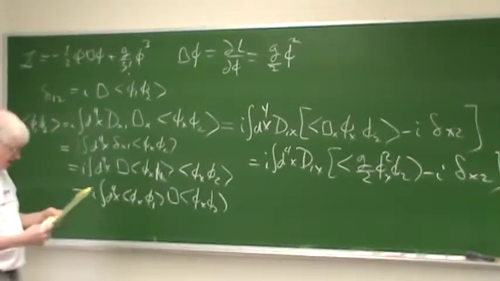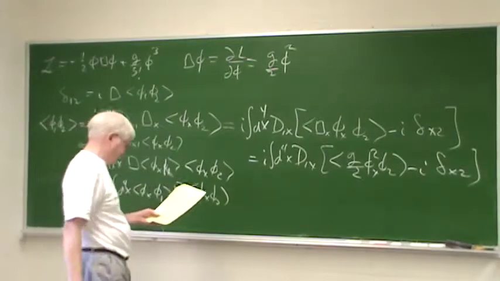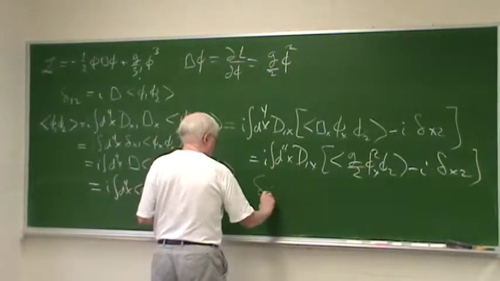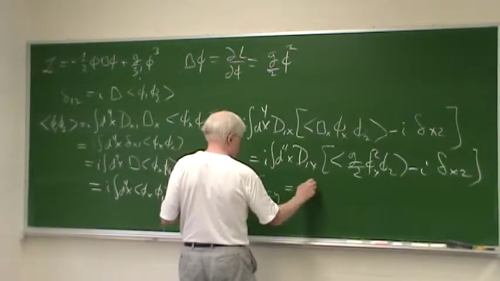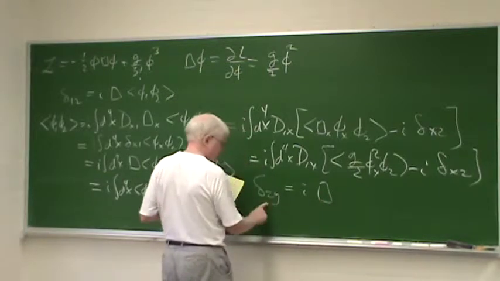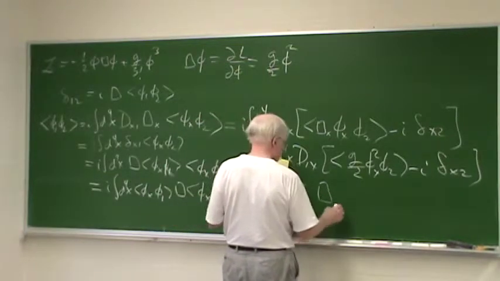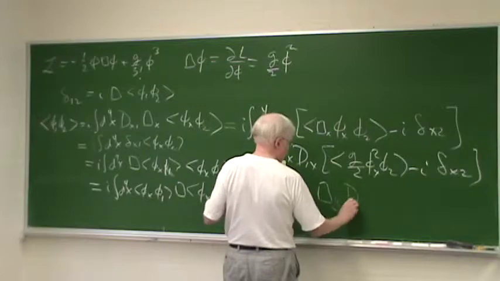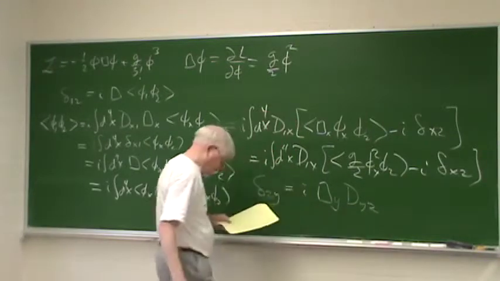All right, so once again, we use this counterintuitive trick that the delta function is i times box on the Feynman propagator.